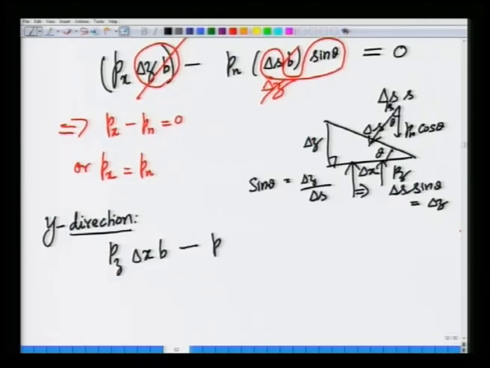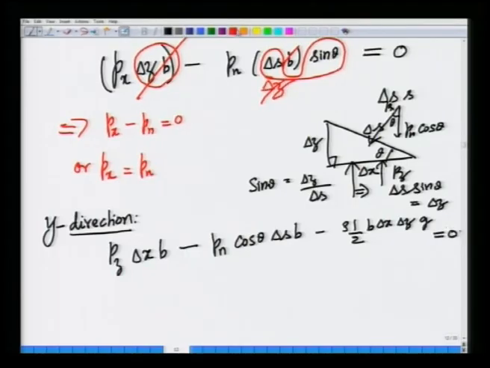So, it will be minus p n cos theta times delta s times b. Also, we have the acceleration due to gravity, the body force acting in this direction, which is minus rho times half b delta x delta z times g, and the sum of all this must be 0.